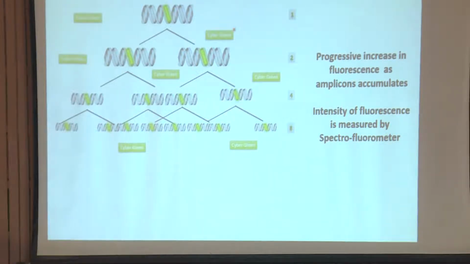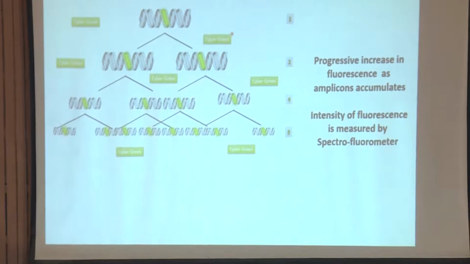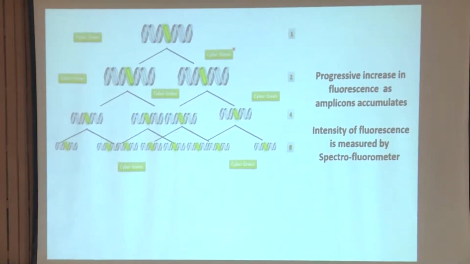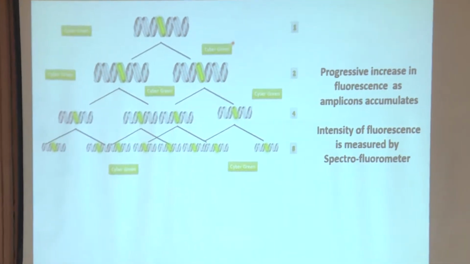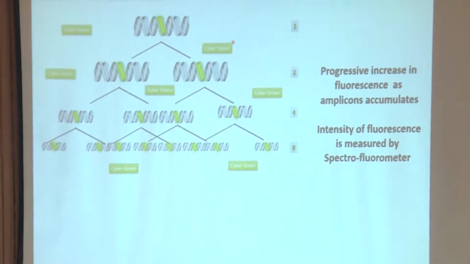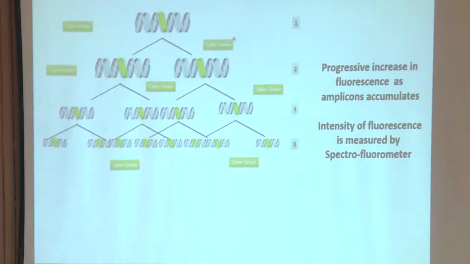You can track what is really going on. Initially there may not be any fluorescence because the machine is unable to see what is going on there. Then after sufficient accumulation of double stranded DNA, the quantum of double stranded DNA accumulated is equivalent to the quantum of fluorescence coming out of the double stranded DNA.